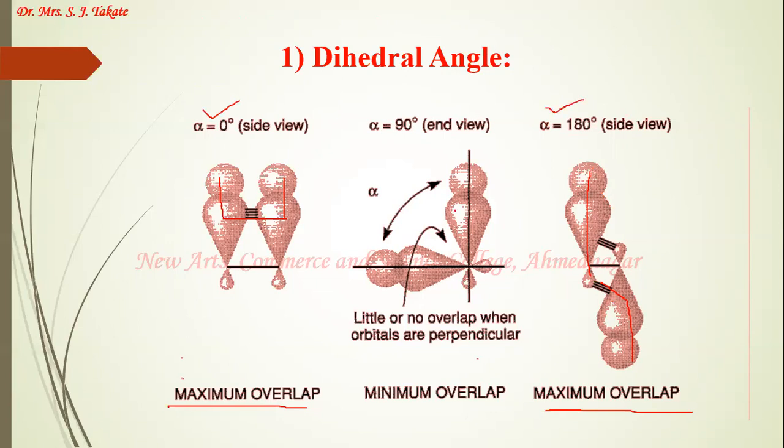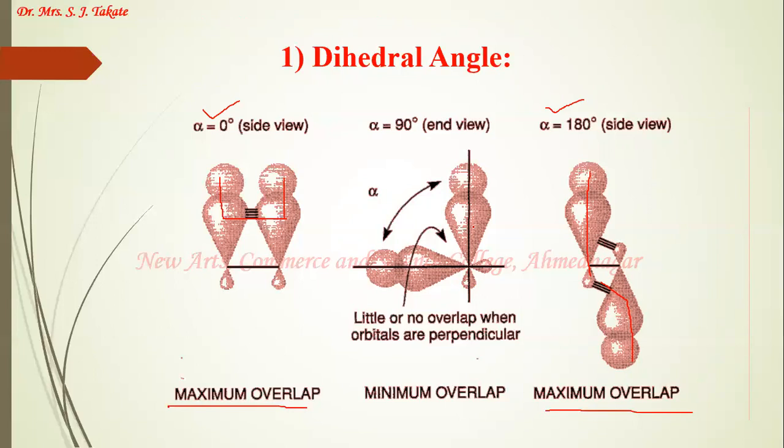If the dihedral angle is 90-degree, that is the two bonding orbitals are perpendicular to each other or orthogonal to each other, in that case there is less chance or minimum chance or even no chance that the orbitals can interact with one another, and therefore the spin information of one nucleus cannot be transferred to the second nucleus.